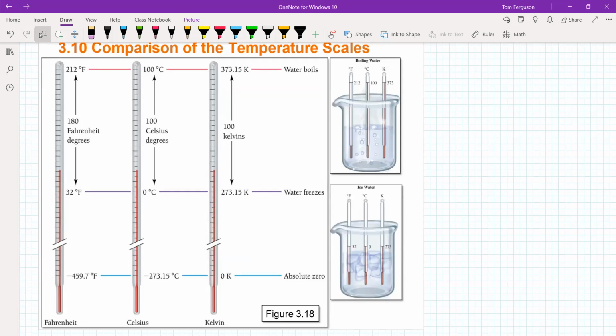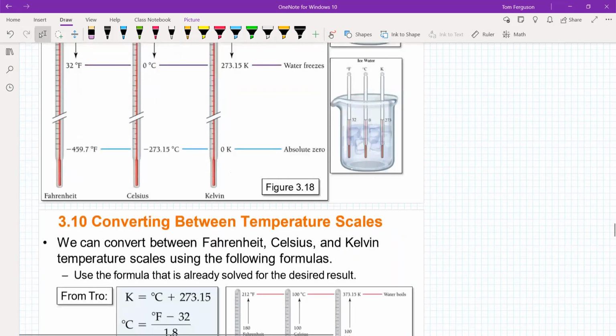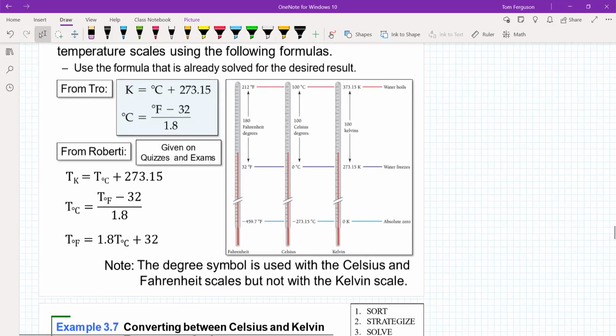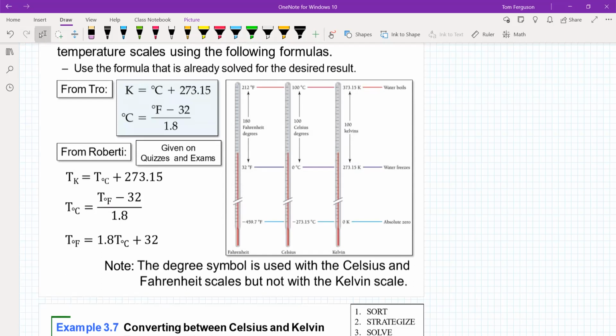So there are conversion equations to go from one scale to the other. This is what they look like. To get the Kelvin, if you know the centigrade or Celsius, you just add 273.15.